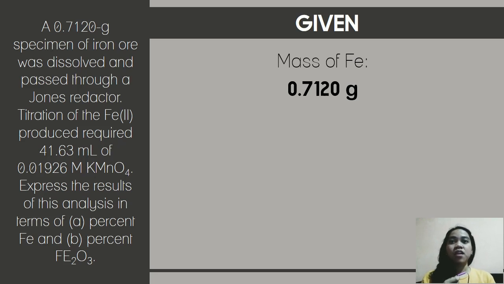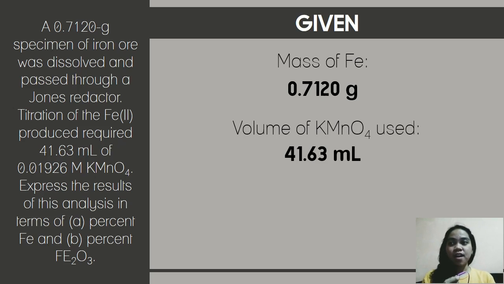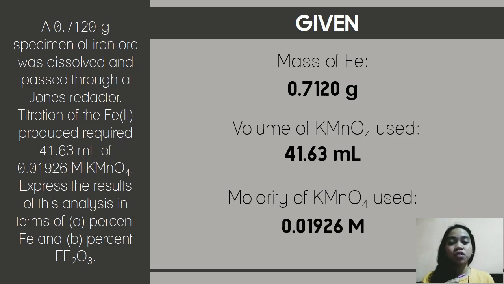So that's a volume, 41.63 milliliters, and a molarity of 0.01926. This is what we need to calculate. Express the results of this analysis in terms of A, percent of iron, and B, percent of ferric oxide.